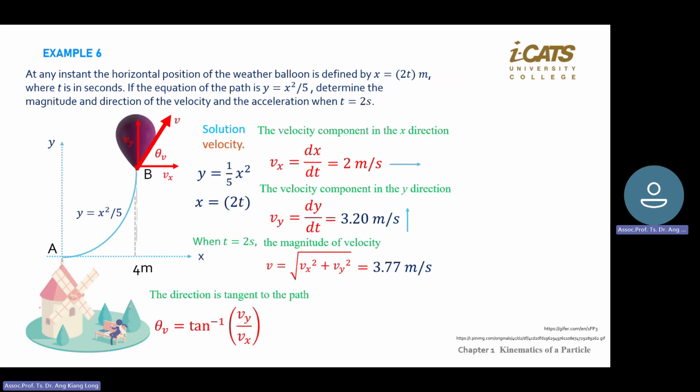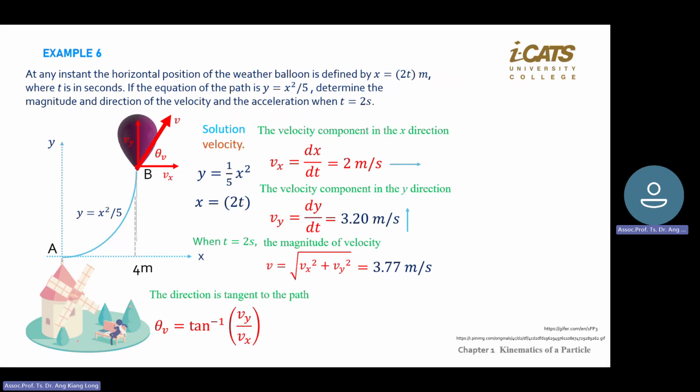You know that direction is tangent to the curve. With this, you can take inverse tan. Why can I directly use this one? I don't need to divide the vector by the magnitude, because this is directly the x direction and y direction.